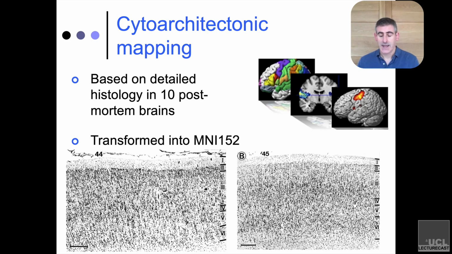This is an absolute labor of love, because to do this, they take postmortem brains and scan them with MRI to get very detailed, accurate pictures of the anatomy. Then they subject them to histological studies, which are labor intensive, to say the least, to identify a region. So maybe in a particular case, they're interested in visual cortex, and in the difference between V1, V2, and V3, Brodmann's areas 17, 18, and 19.